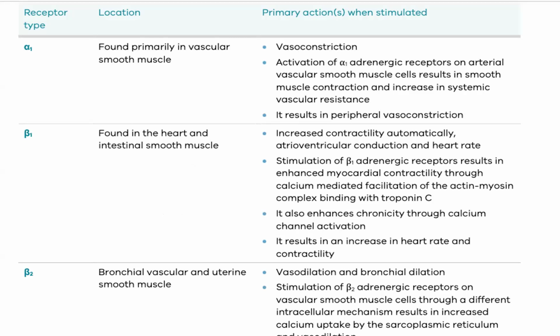We have different sympathetic receptor types: the alpha 1, alpha 2, and beta 1, beta 2. We have the vasopressin 1, 2, and then the dopaminergic receptors. Alpha 2 is not listed here because it's not really the area of interest.